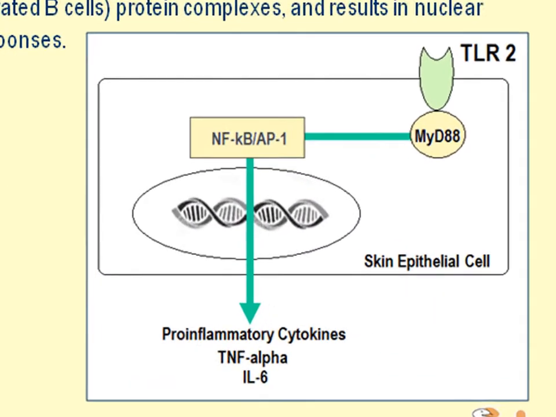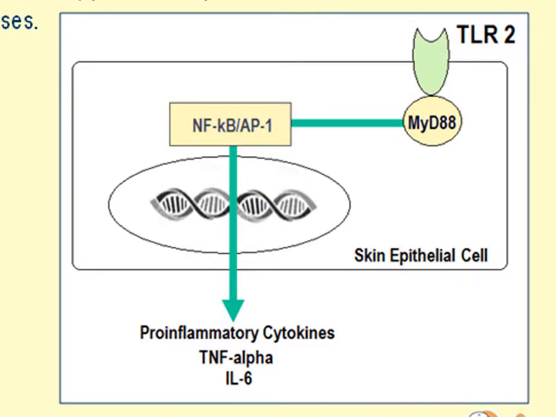For instance, when we stimulate toll-like receptor 2, as you see in this diagram, it activates MyD88 protein, AP1 protein, AP stands for activator protein 1, and NF-kappa B. NF-kappa B stands for nuclear factor kappa light chain enhancer of activated B cells.